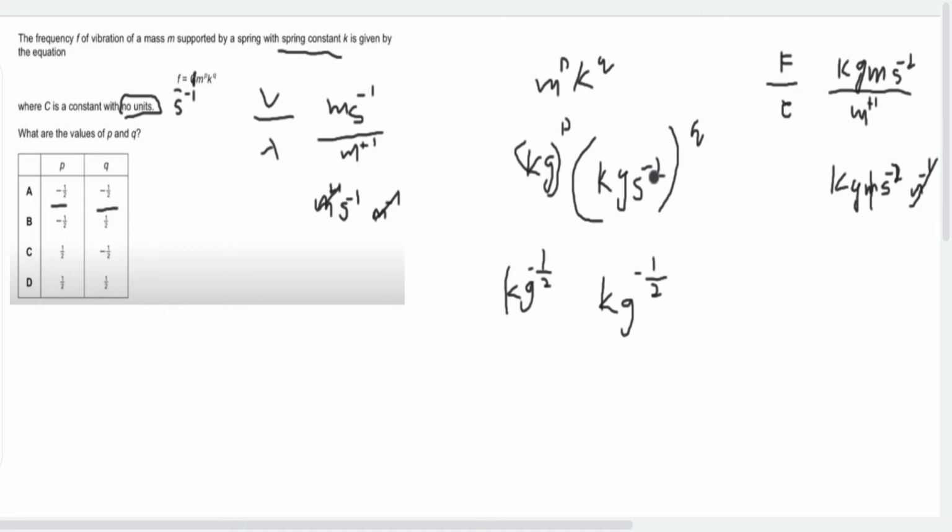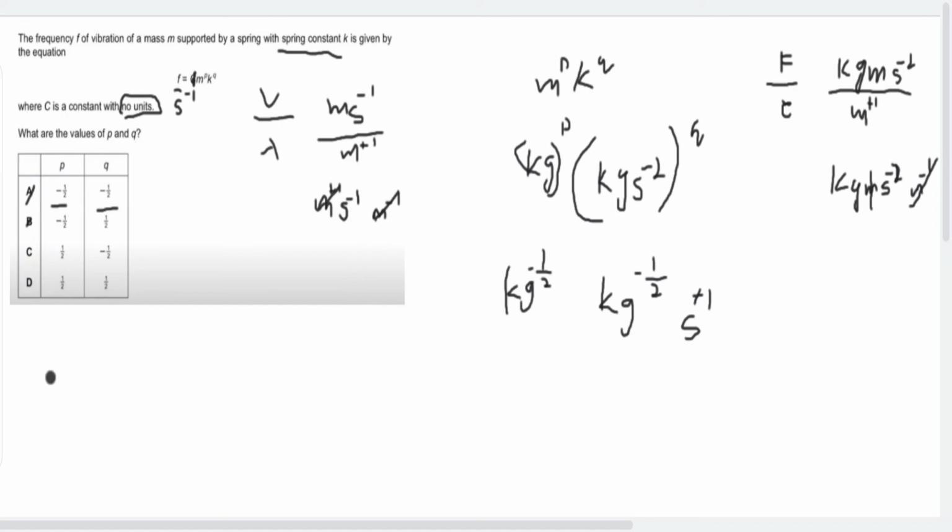So negative 2 times negative 1 by 2 gives me positive 1. So instead of s negative 2, it becomes s positive 1. And this does not cancel each other out. That means A cannot be the answer, so A is wrong.